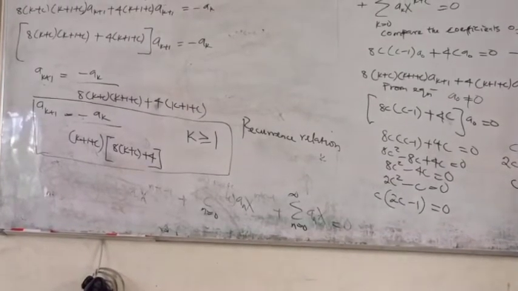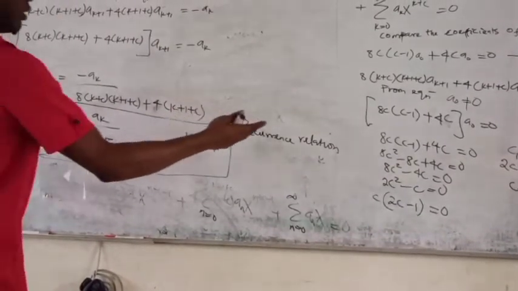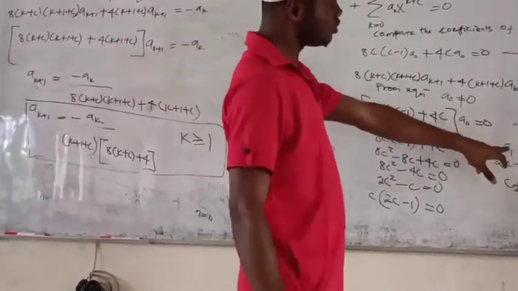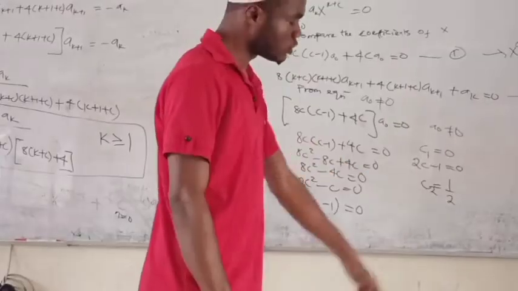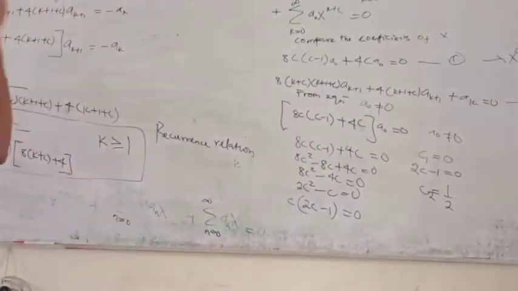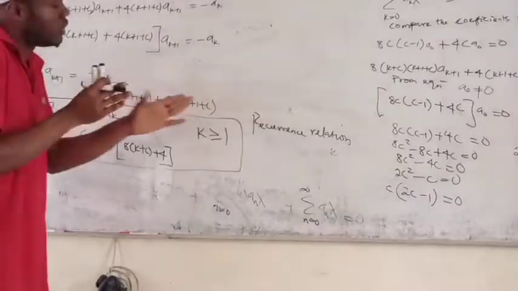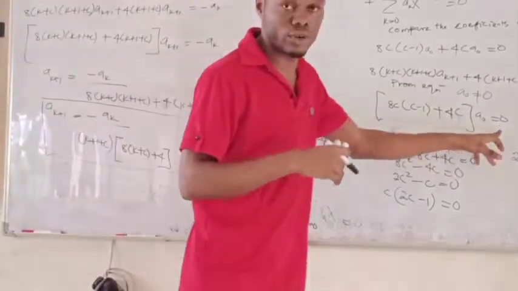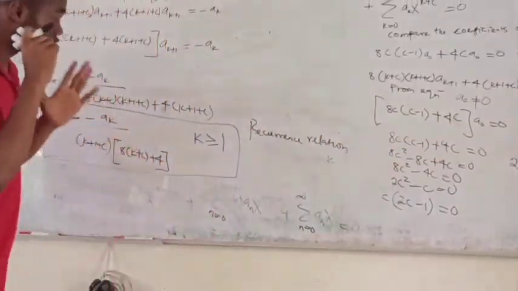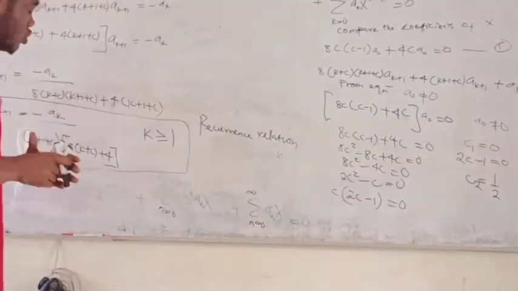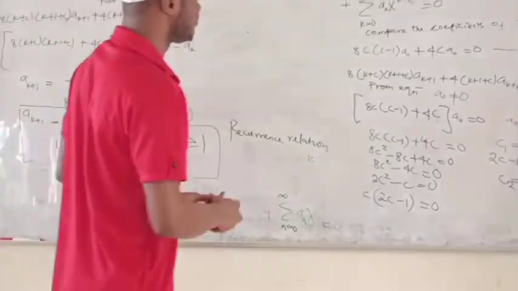We know that there are 2 values of c: when c is equal to 0 and when c is equal to 1 over 2. So I'm going to have a different recurrence equation for when c is equal to 0, and a different recurrence equation for when c is equal to 1 over 2.